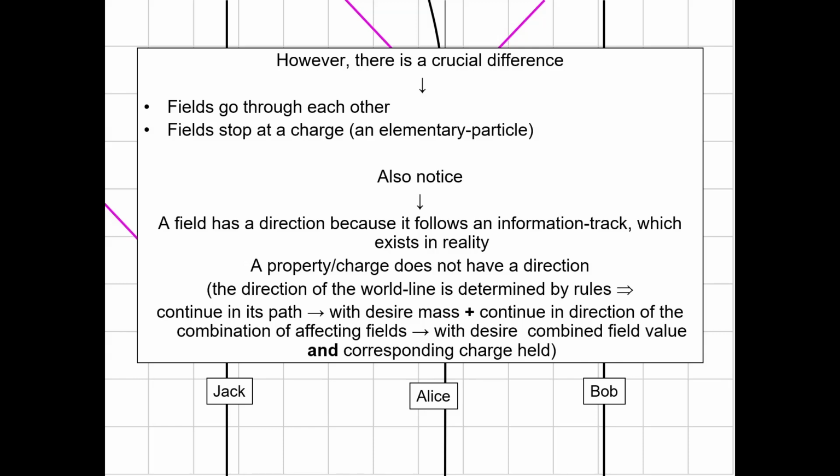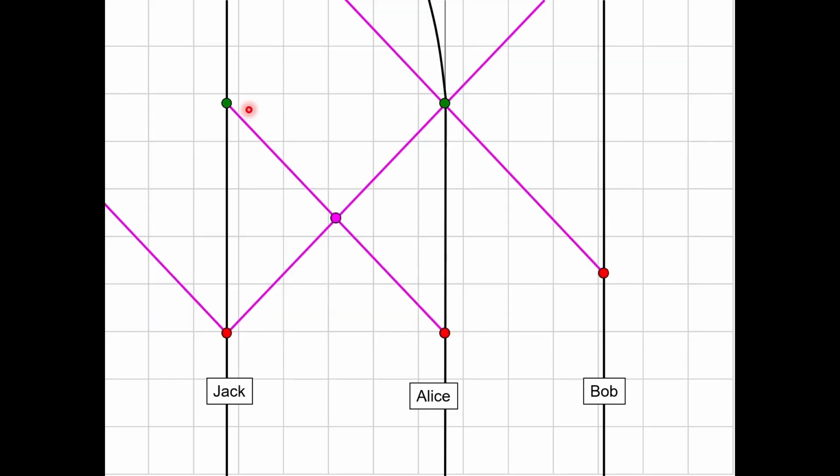So the world line wants to continue in its path with desired mass, plus it wants to continue in the direction of the combination of affecting fields, with the desire of the combined field value and the corresponding charge held. So for example, if we look at this point over here on Jack, it has field value numbers, but these are combined with a direction. So the field has a direction. It wants to change the trajectory either along this information track or this information track.